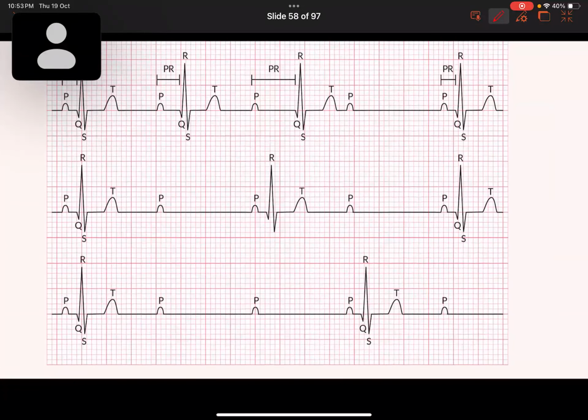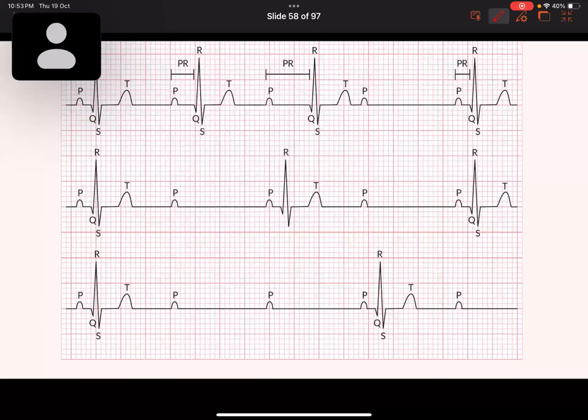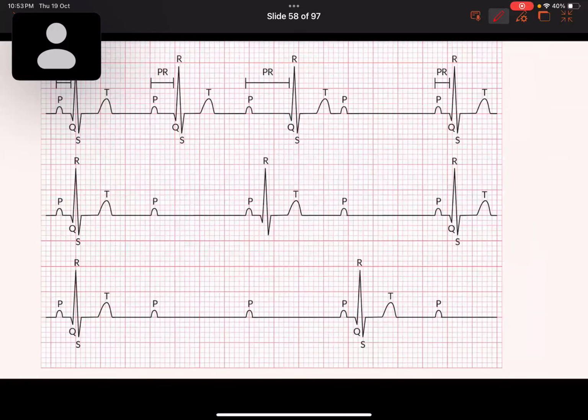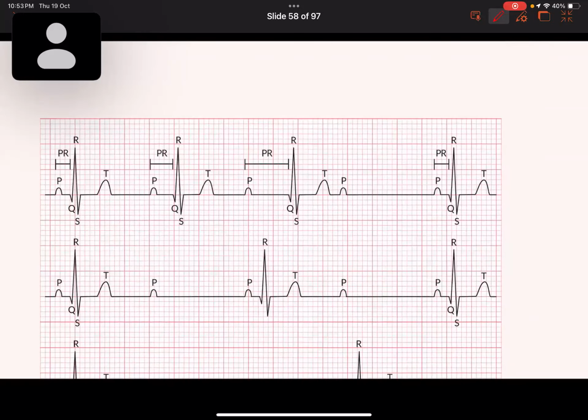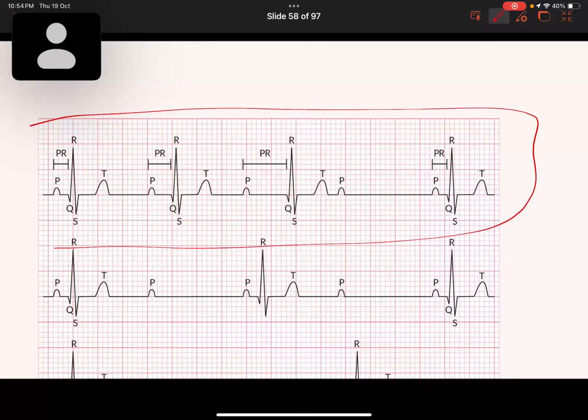So if we take, let's say, this one, first part. Okay. Let's focus on this one. So we have the P and QRS complexes. Are there P waves? Yes, we have P waves. The second question that you should ask, is the PR interval prolonged?